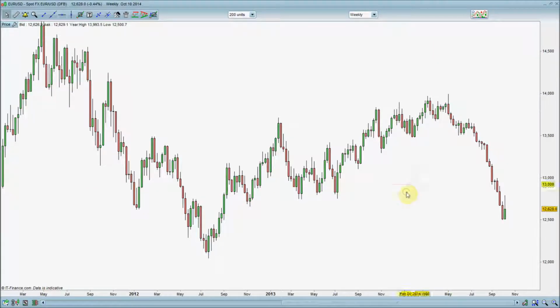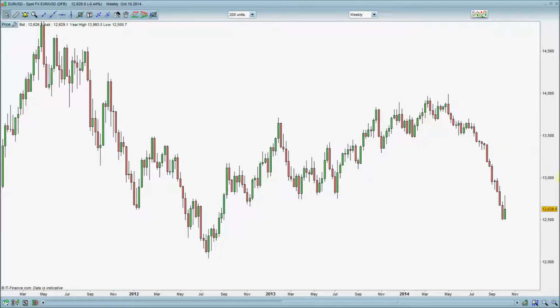Okay, again, we've had that big drop from the euro all the way from that 14,000 level on the weekly chart. We know we've had these reprisals with various data that's been coming out, but you can see that quite clear trend line there on the weekly chart, and this one big candle down the bottom where we've had that quite decent sized pullback out of respect to that 12500 level, really, and that's basically all it is.